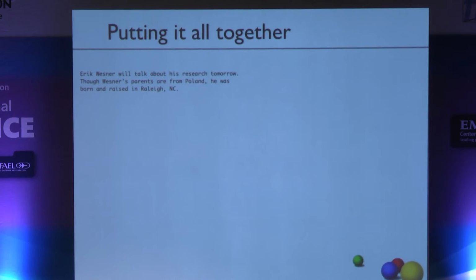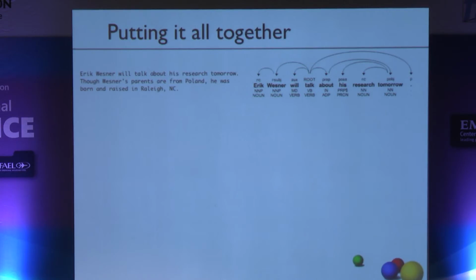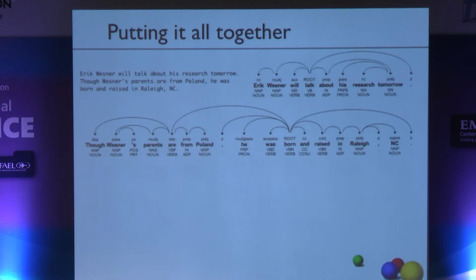So here's a little sentence that came from somewhere on the web. And here's how we do syntactic analysis of that sentence using part of speech tagging and dependency parsing.